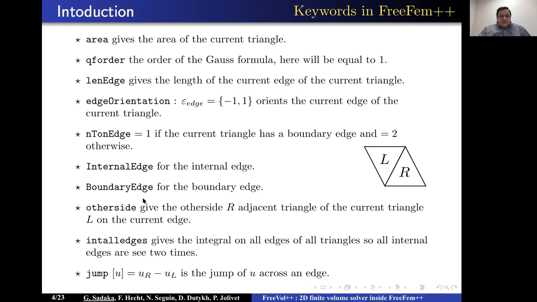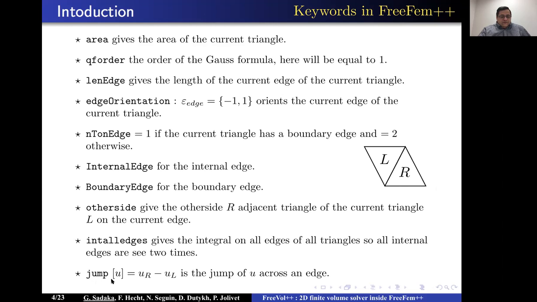We are also interested in the current triangle, for example, what its adjacent triangle is and the value of u on the adjacent triangle. It's given by other side. And at the end, int all edge, as it's written, is the integral on all the edges of the triangle.